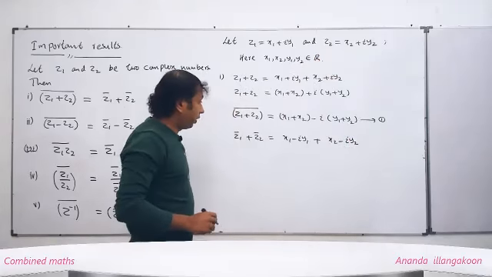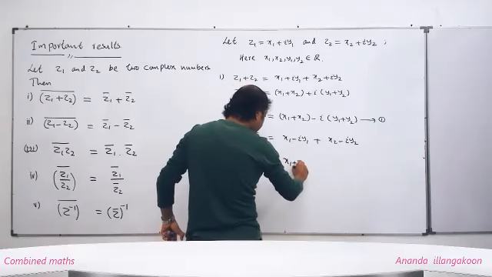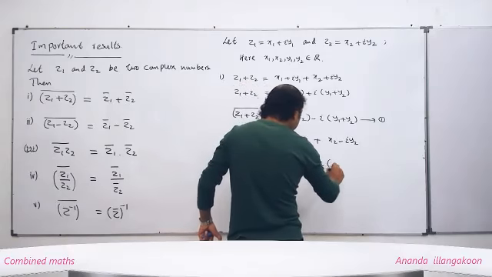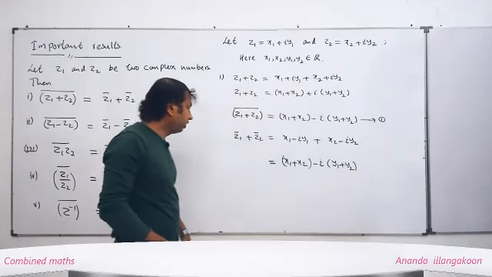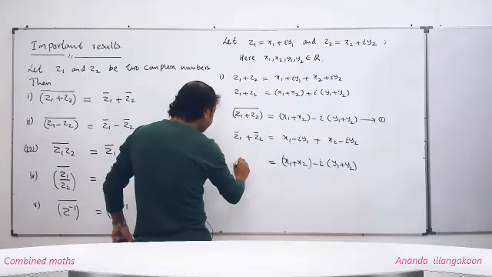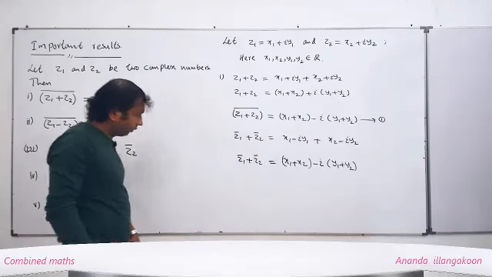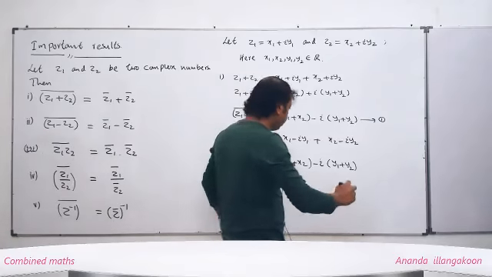Right? So there you can take x1 and x2 together and take this minus sign, minus i, out, then y1 plus y2 like this. This is Z1 bar plus Z2 bar. Okay. This is number 2, people.